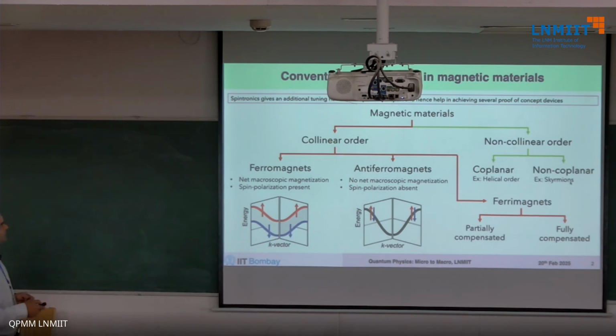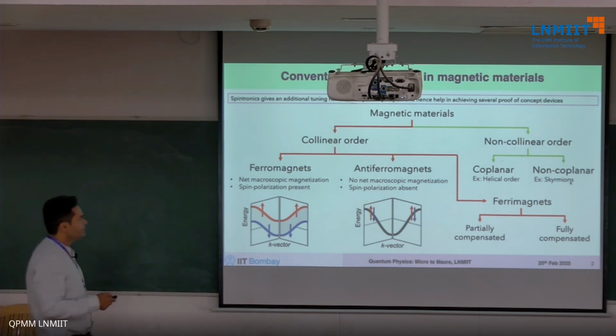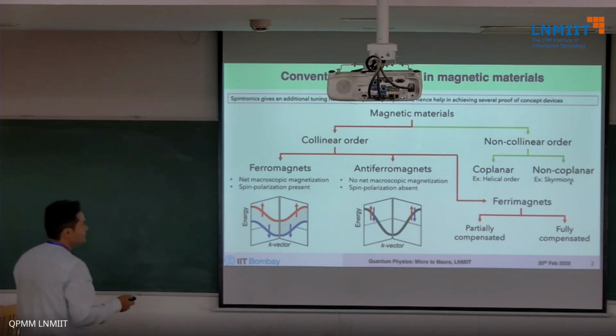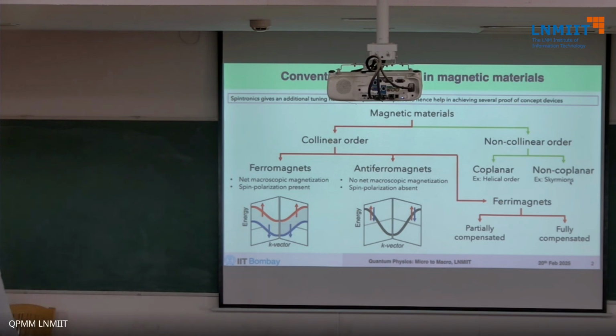The other unconventional magnetic orders are non-collinear order, and under non-collinear I can have coplanar, such as helical order, or I can have non-coplanar. These are all magnetic structures which are found in real materials, and skyrmions are one of the well-known and well-studied magnetic structures. We can also have ferrimagnets.